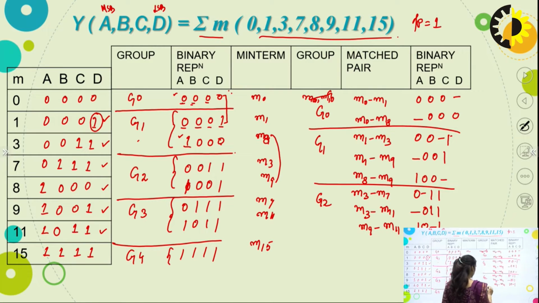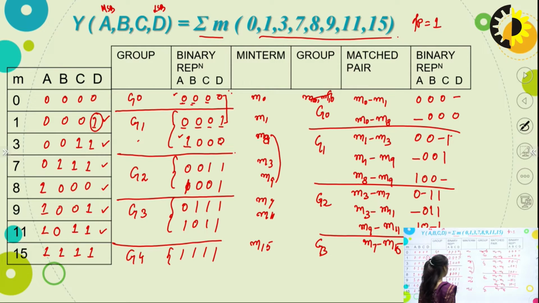Next, we are going to compare group 3 and group 4. Compare M7 with M15. When we compare this M7 with M15, these 3 variables are same. I can remove this A variable. So I'll have A removed, 1, 1, 1.